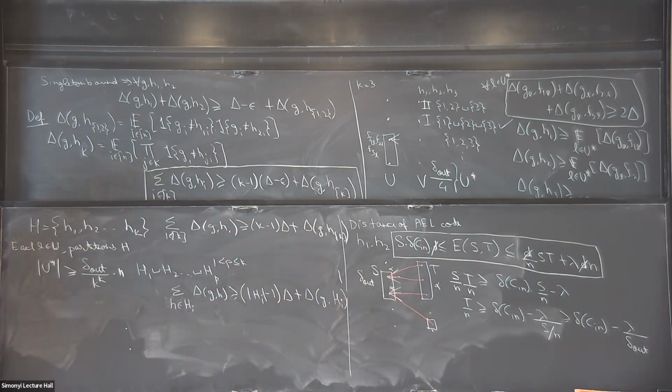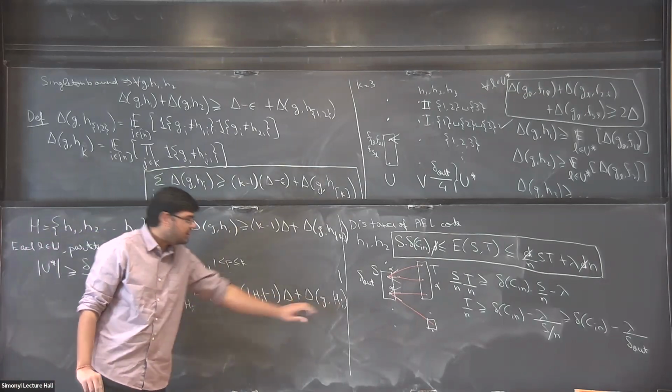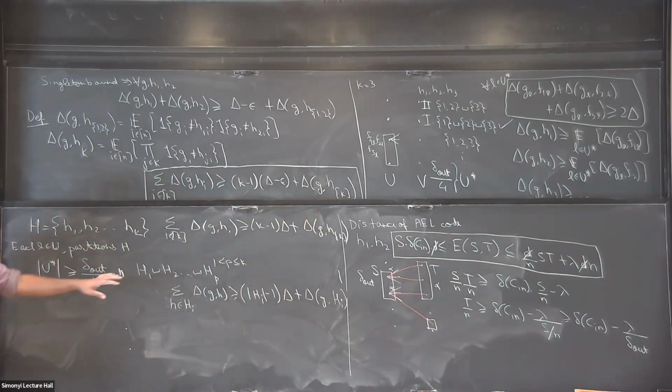So this is the inductive step. The delta G HI is the common error locations. I'm going to use that to bound that using the local partition that we are getting.